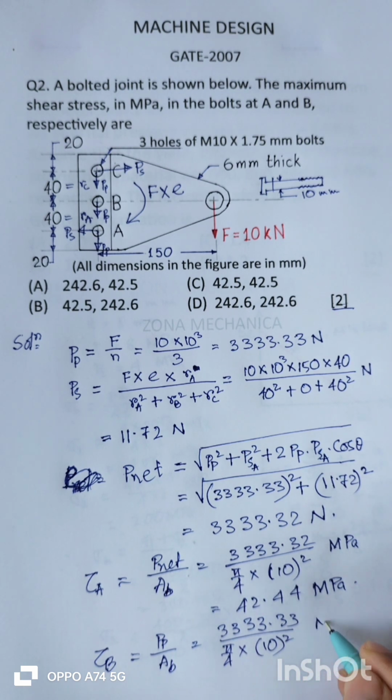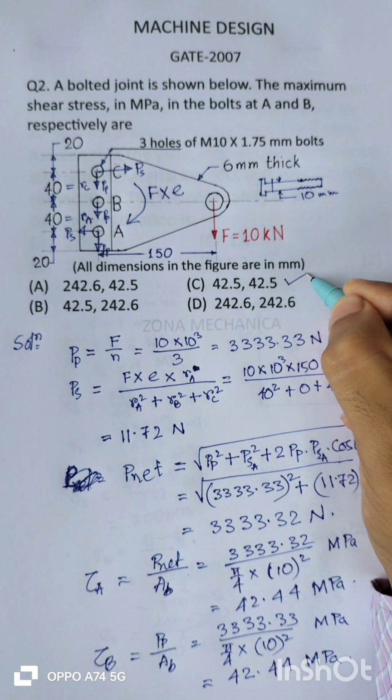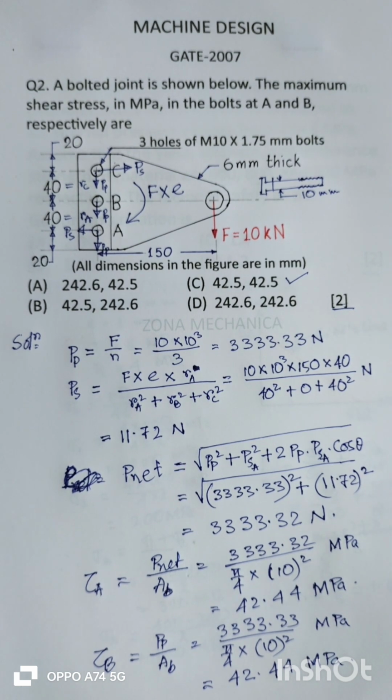So this will also be in MPa. So this will come 42.44 MPa. Both are coming 42.44. Clearly it's matching with option C. So option C is the correct answer.